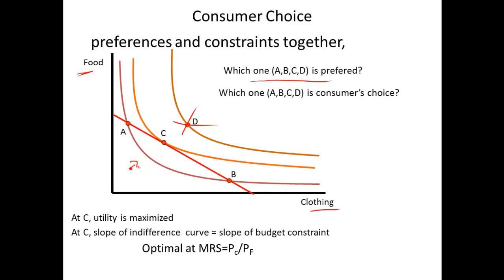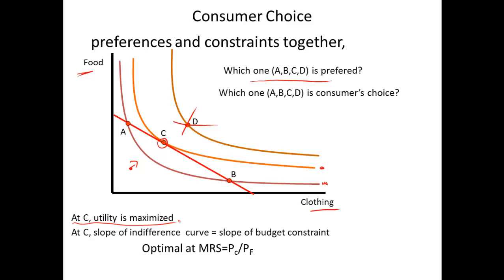A and B are on this lower indifference curve, whereas C is on a higher indifference curve. So in fact, C is going to be the answer. And at C, utility is maximized given the preferences and how much money this person has available to spend.